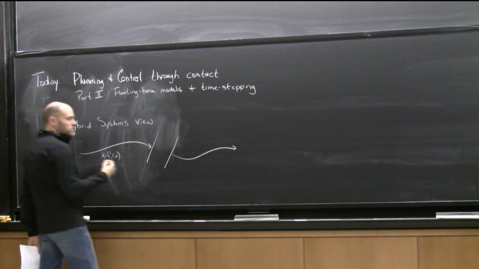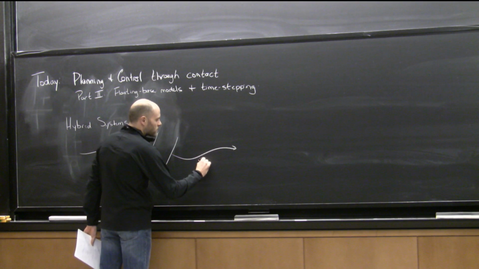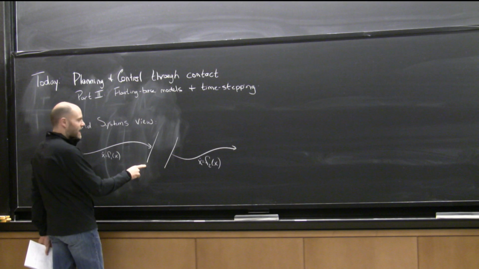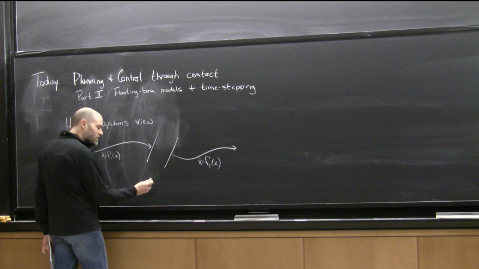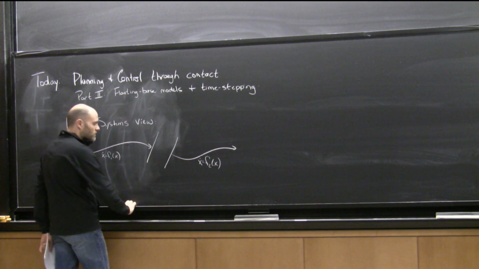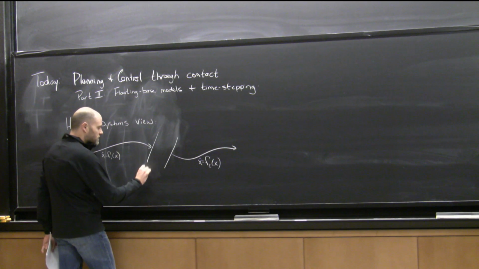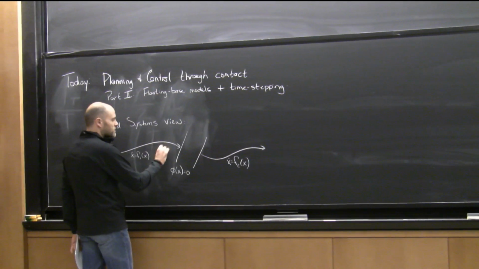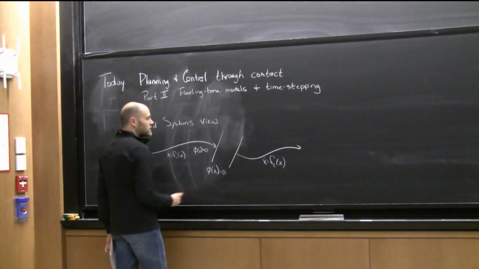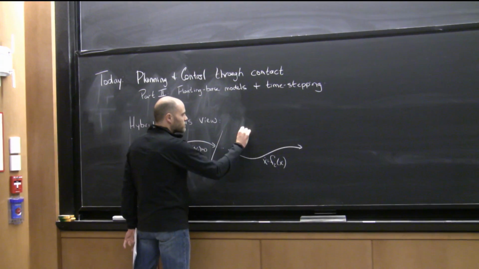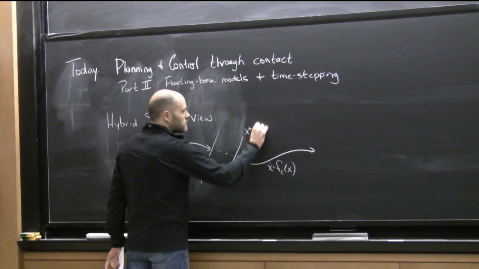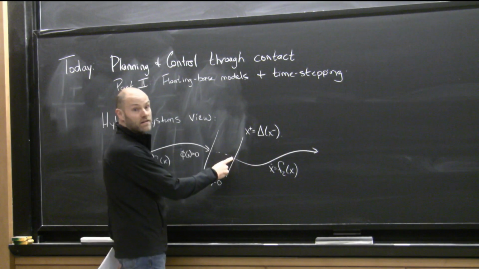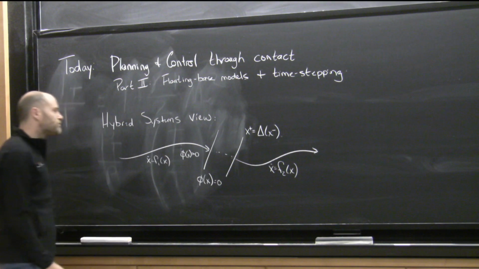Maybe it doesn't. x dot is f2(x) here. We have an event that happens when your foot hits the ground, or whatever, your hand touches the object, that's defined by some guard, the level set of some guard, where phi(x) is greater than 0 over here. And then you have this reset map, which is your impact dynamics, right?